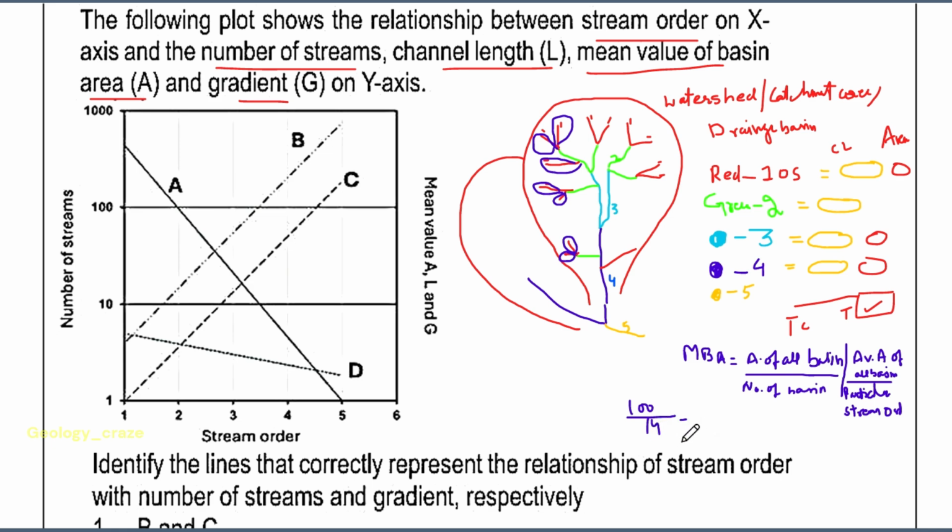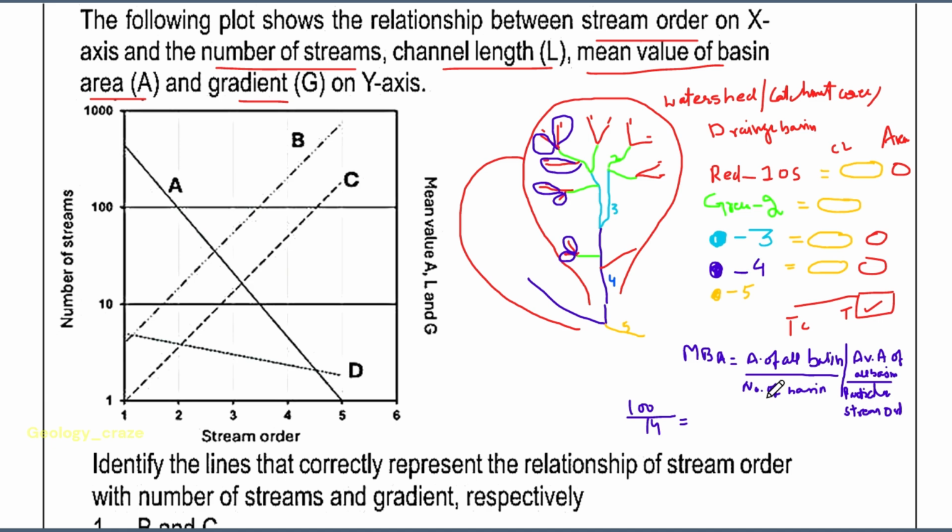If we divide this, we get our mean basin area for first order. In the similar way we will calculate for second, third, fourth and fifth order. This is the way to calculate the mean basin area.